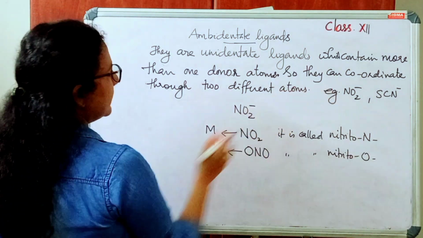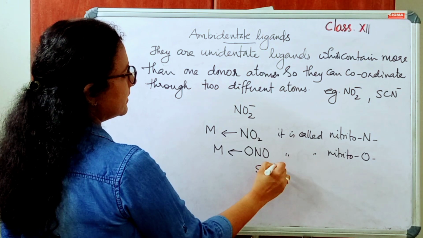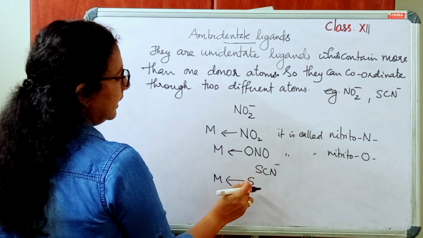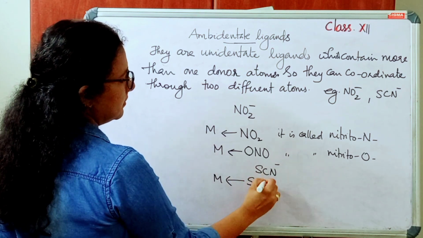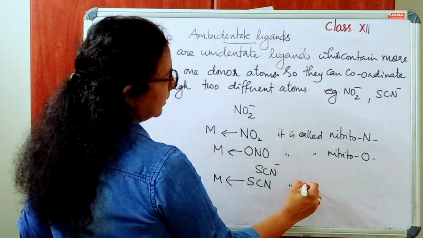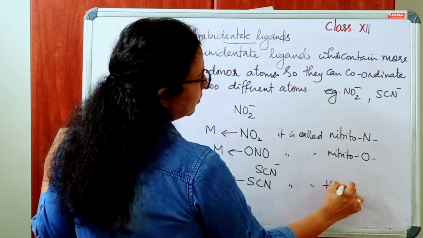In the case of SCN minus, it can donate electrons through S. So it is written as SCN and it is called thiocyanate.